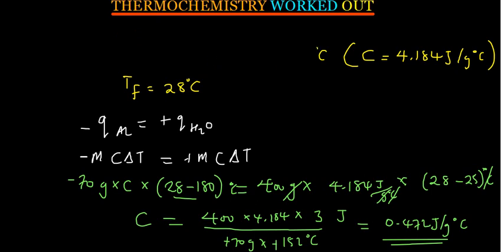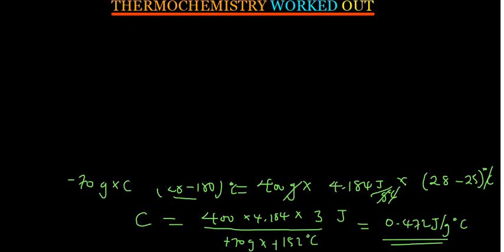So using the same procedure, we can as well determine the final temperature. Let's give an example. Let's say you have 100 grams of iron, and this one has a specific heat capacity of 0.453 joules per gram degree Celsius.